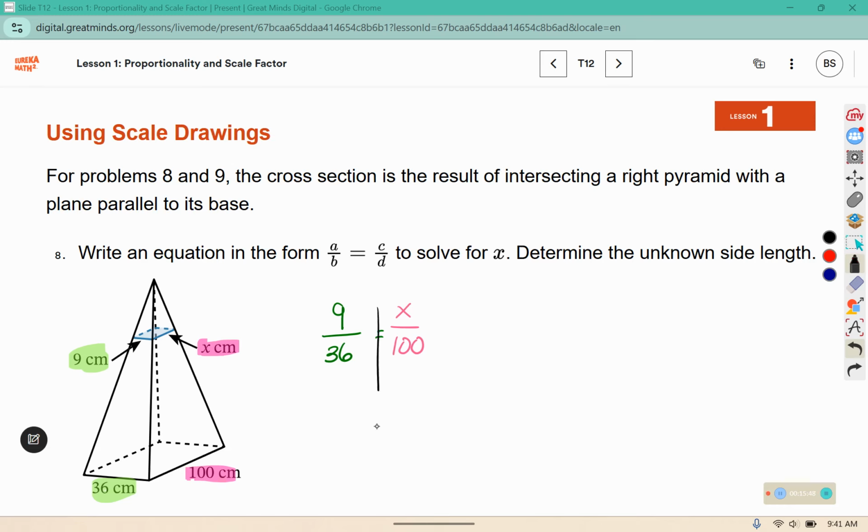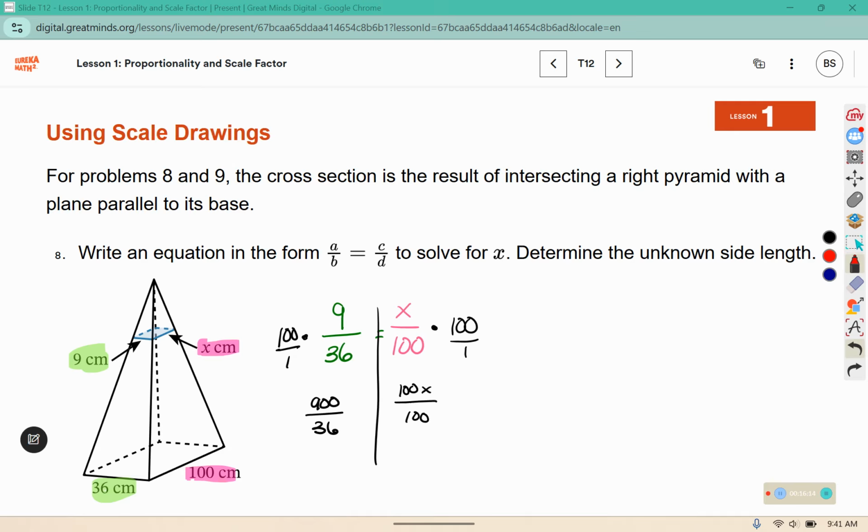Now, if we were to solve this for x, right now x is being divided by 100. So to undo that, I need to multiply by 100. This would be 100x over 100, because remember there's an invisible 1 there. And then this side would be 900 over 36.